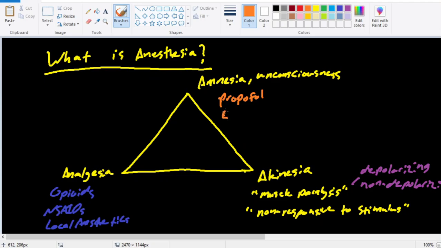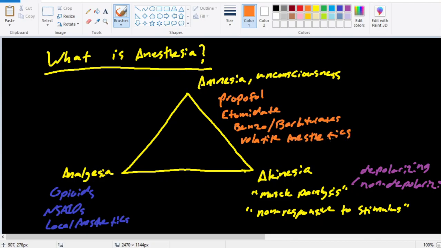Propofol, etomidate, your benzodiazepines, your barbiturates, your volatile anesthetics or your gases, all of those fall under amnesia and unconsciousness.